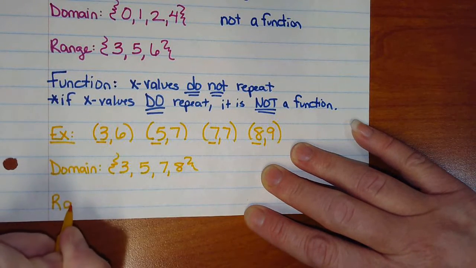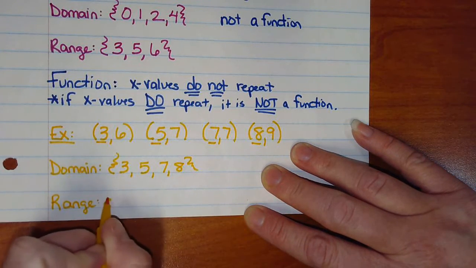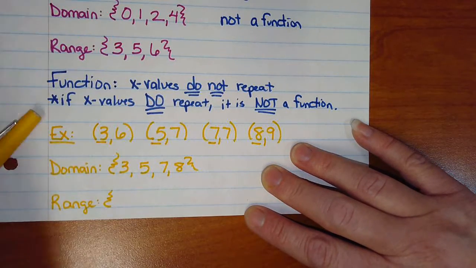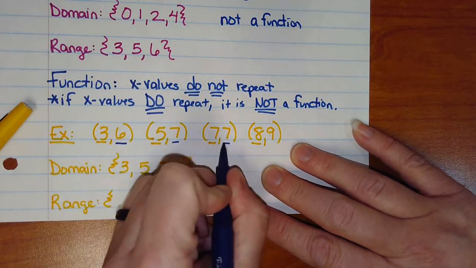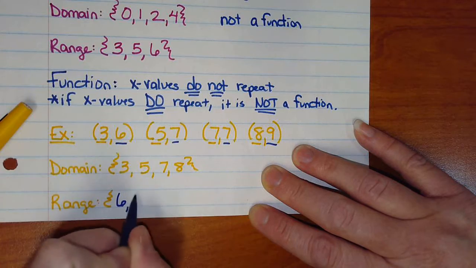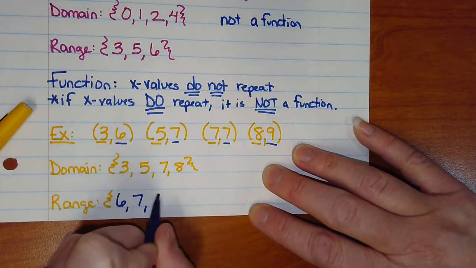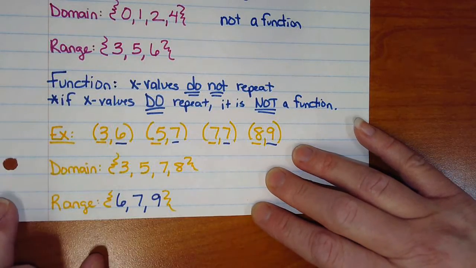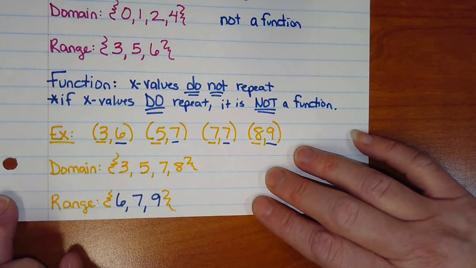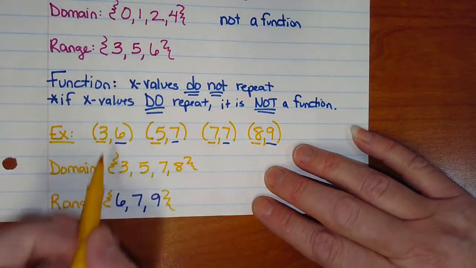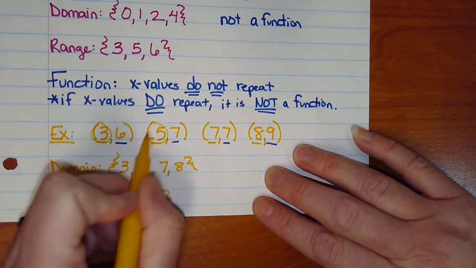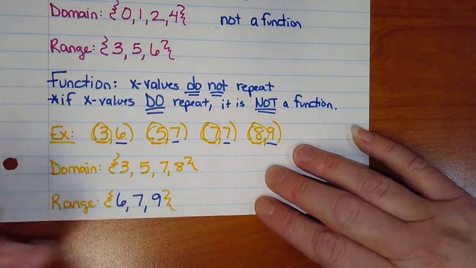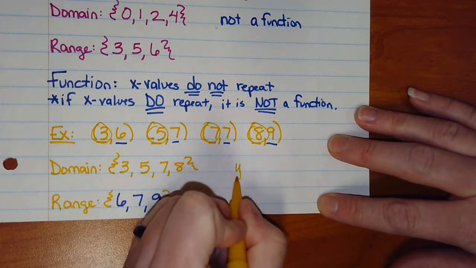And then the range would be the set of y values. So we have a 6, 7, 7, 9. So 6, 7, only write the 7 once, 9. And now I need to determine if it's a function or not. So do I have any x values that repeated? I have a 3, a 5, a 7, and an 8. None of them repeat, so yes, this is a function.